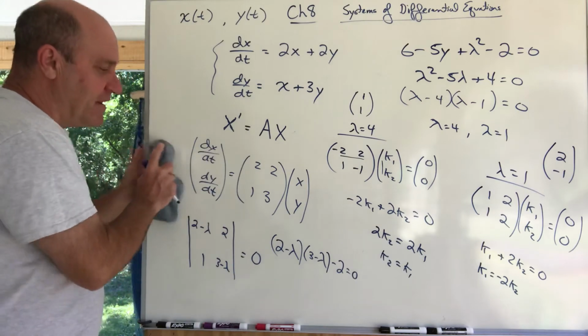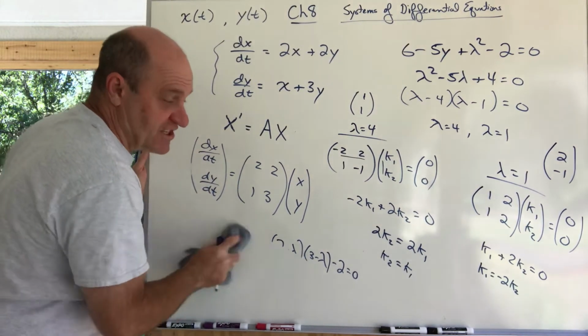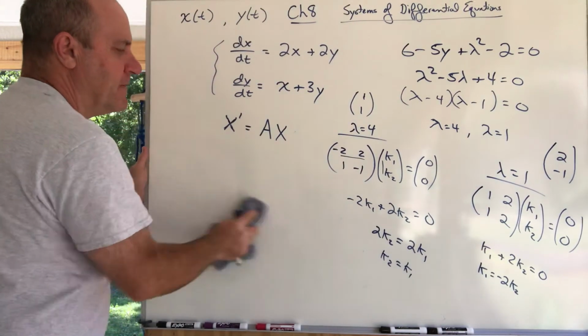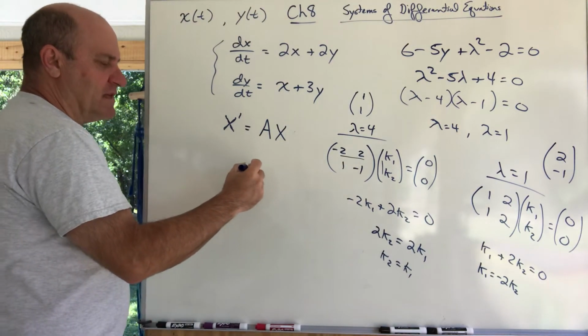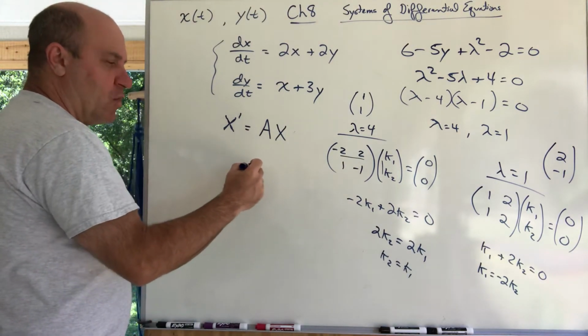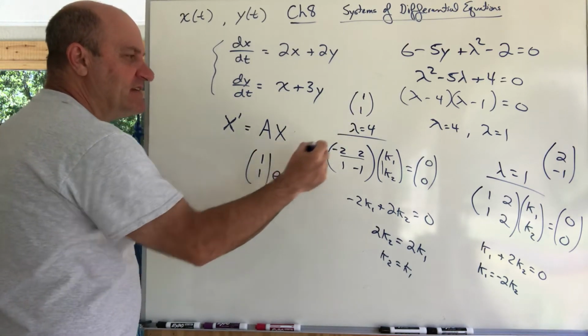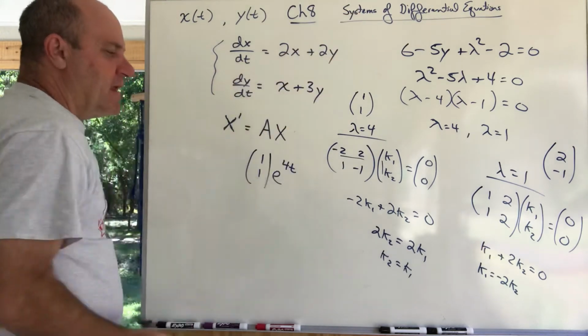Now let's see. Maybe you remember, to this system of DEs, that we assumed the answer to this was a k, e to the lambda t. That was the assumption back over there.